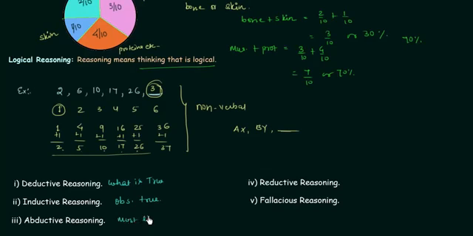In the fourth type, reductive reasoning, we have to find out what is not true, and in the final type, fallacious reasoning, we have to find out what we think is true.